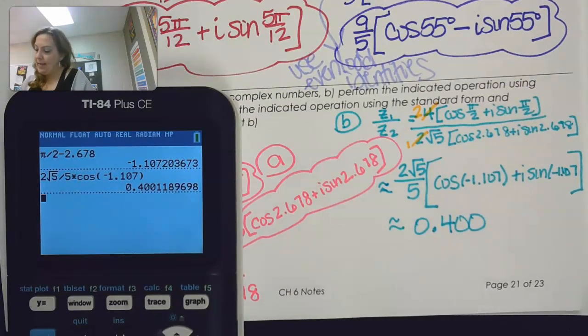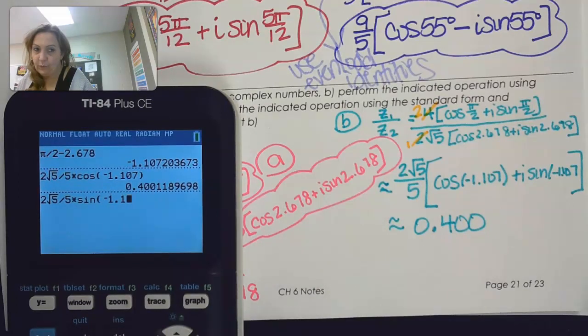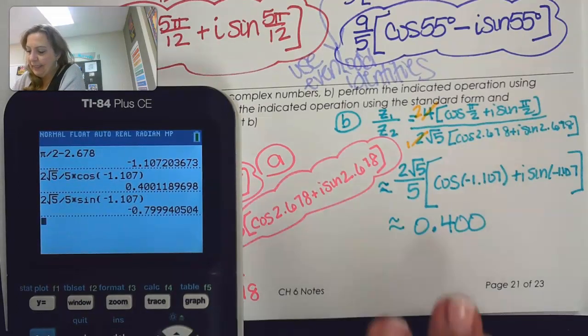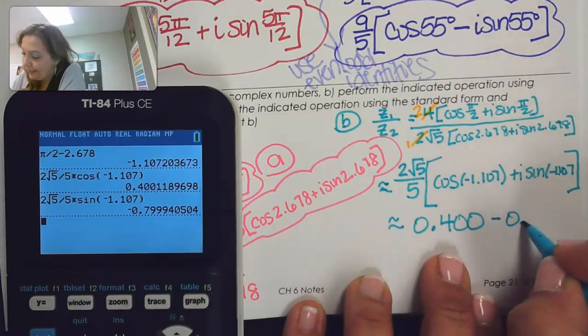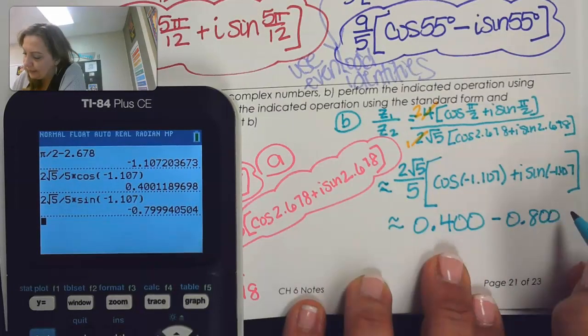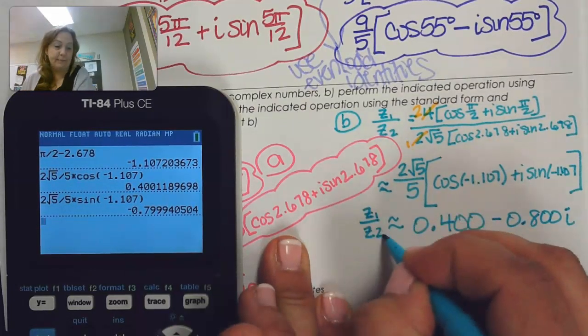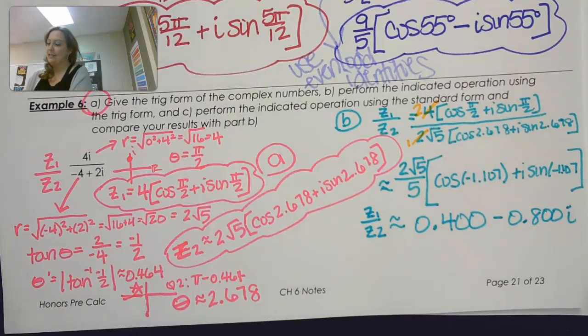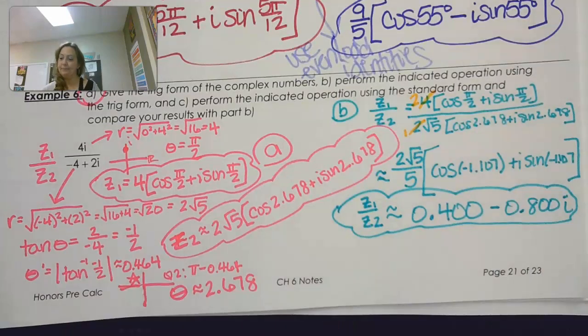Okay. And now I'm going to take 2 root 5 over 5 and then multiply by the sine of negative 1.107. And that gives me, if I round, negative 0.800i. So that's what, if we divide the numbers in their polar form, that's what we end up getting for our letter B, is something like that.